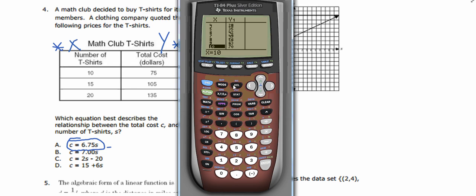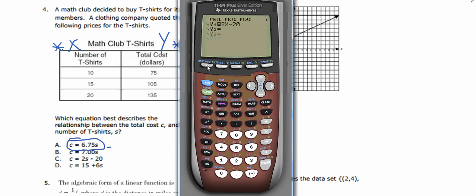So we can eliminate B, and we'll go to answer choice C and type in 2x minus 20, and go to our table and see what we get. At 10 it has $0. Well, that's certainly not $75, which is what we're looking for. So it has to be answer choice D.